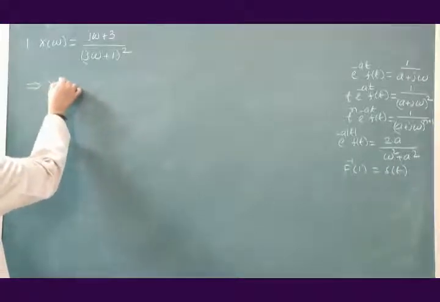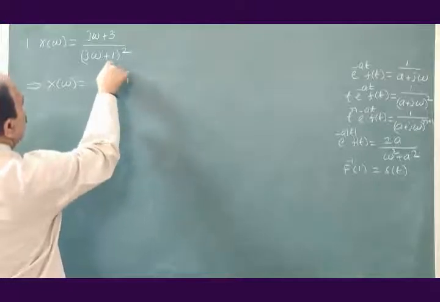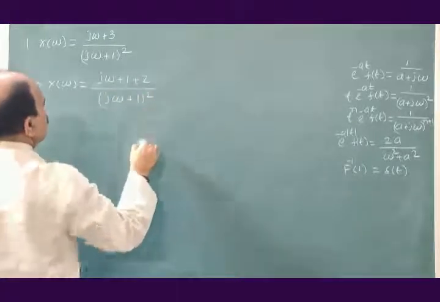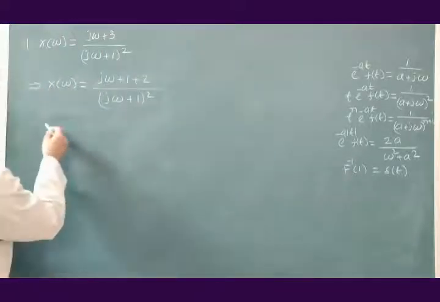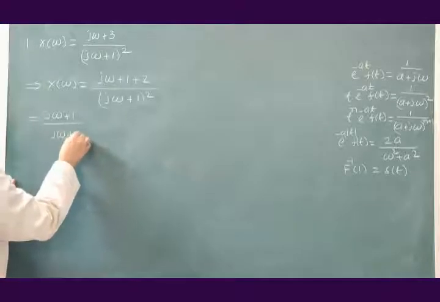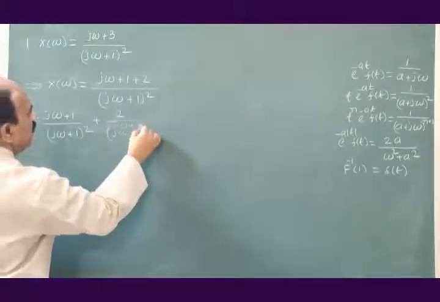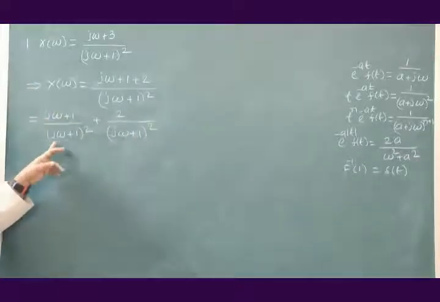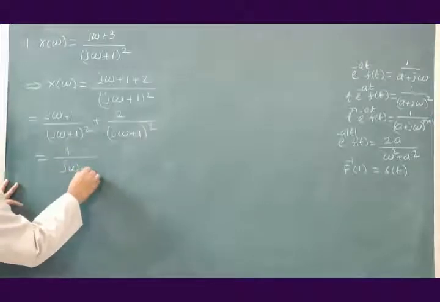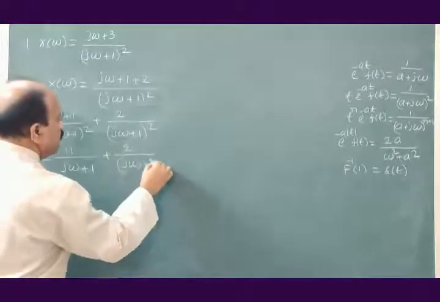This is j omega plus 1 plus 2 divided by j omega plus 1 square, which is j omega plus 1 divided by j omega plus 1 square plus 2 divided by j omega plus 1 square. j omega plus 1 cancels with one factor of j omega plus 1 square, and we have 1 divided by j omega plus 1 plus 2 divided by j omega plus 1 square.